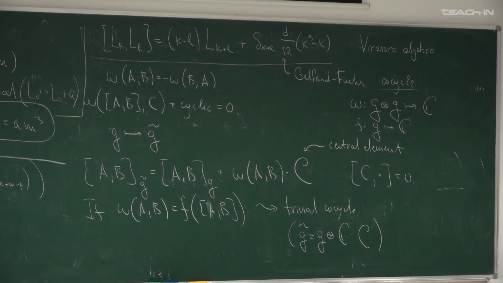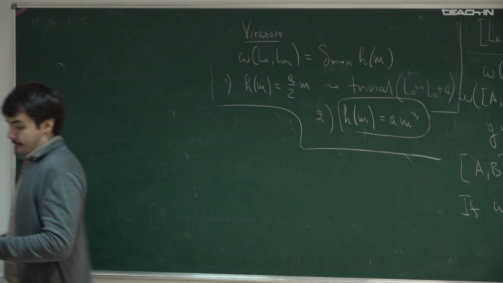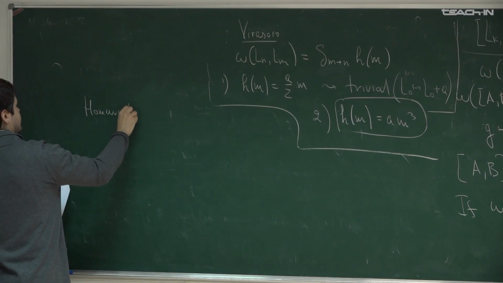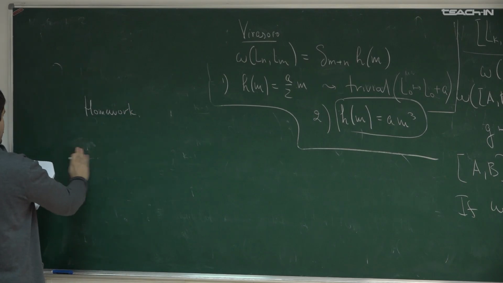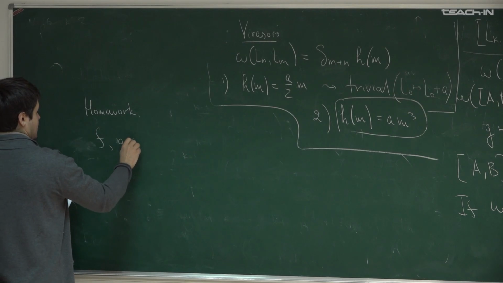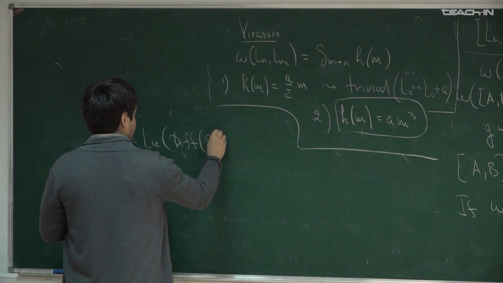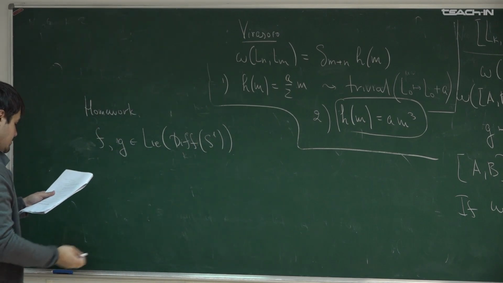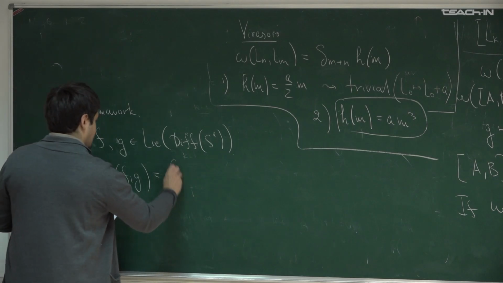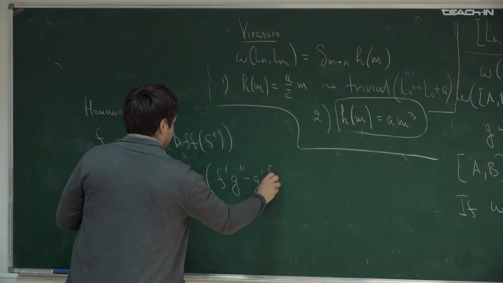Okay, and just the last problem related to this, like a homework problem, is to show that, if you think of f and g as belonging to the algebra of diffeomorphisms of the circle, so just periodic functions on the circle, then this cocycle on f and g has the form d phi times f prime g double prime minus g prime f double prime.